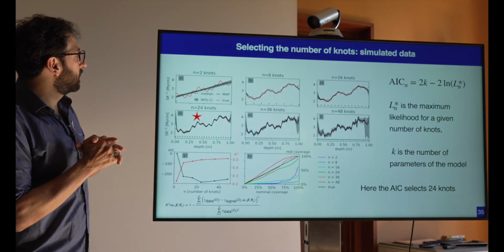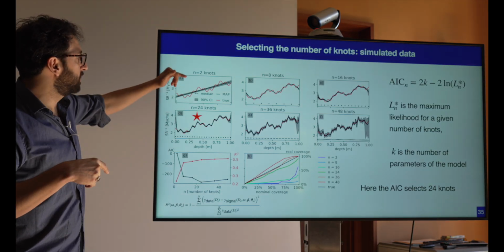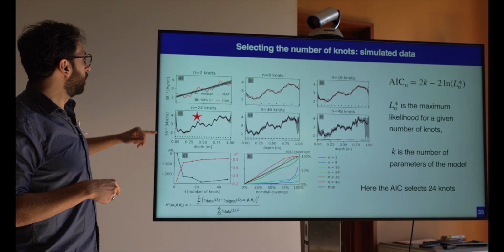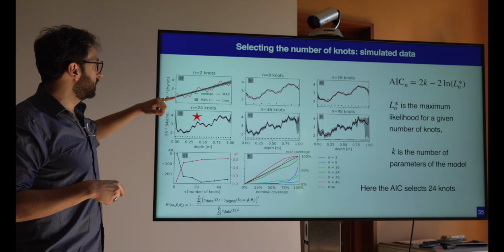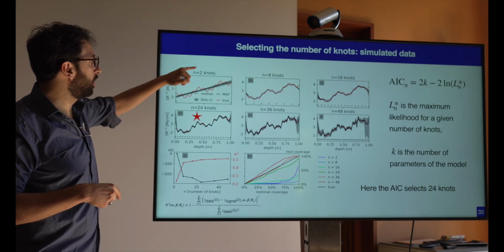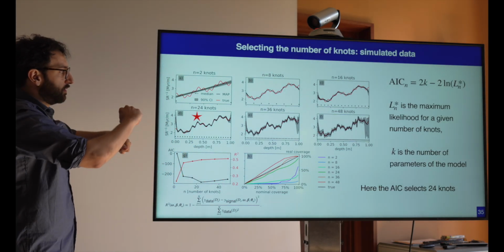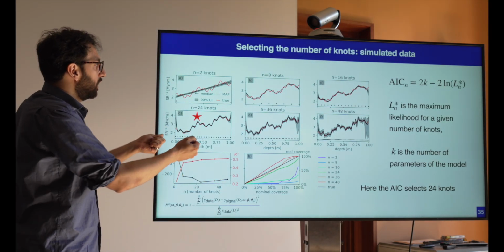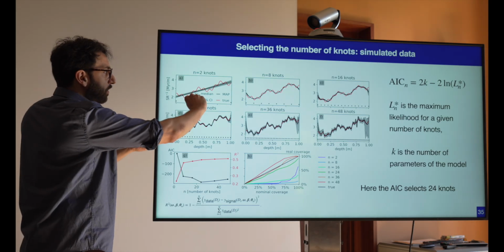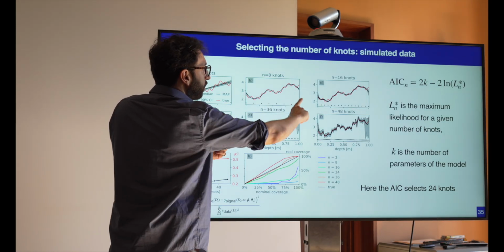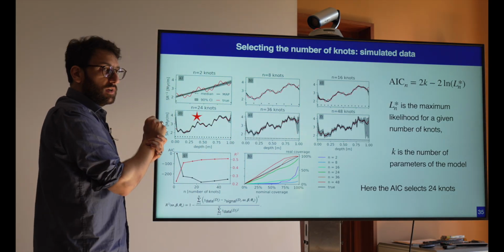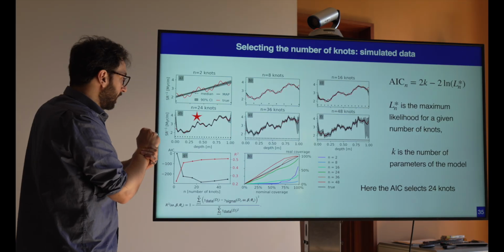So this is a simulated example where you have the sedimentation rate with 2 knots, 8 knots, 16 knots, and you see that as you increase the flexibility of the model, you're closer and closer to the true sedimentation rate that was included in the data.